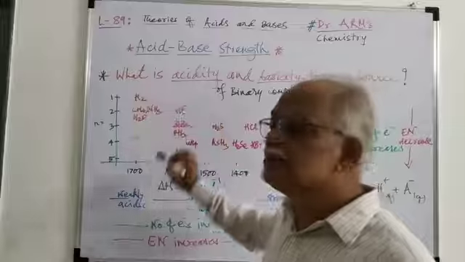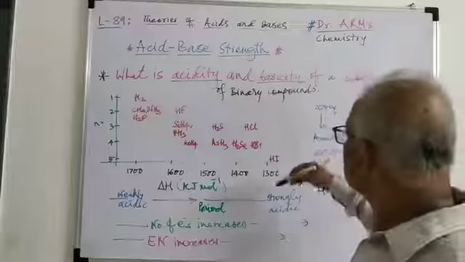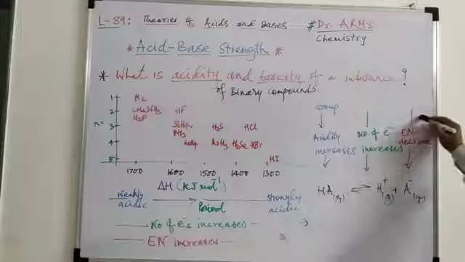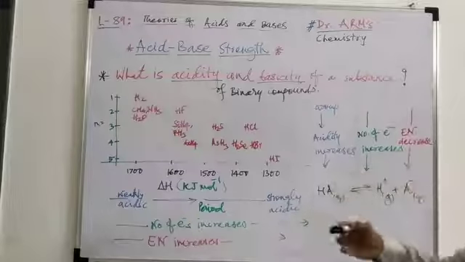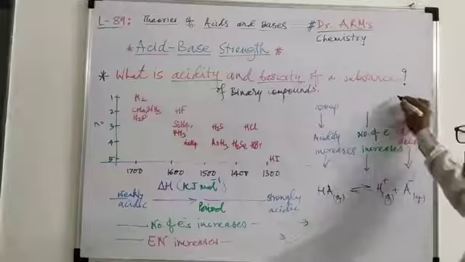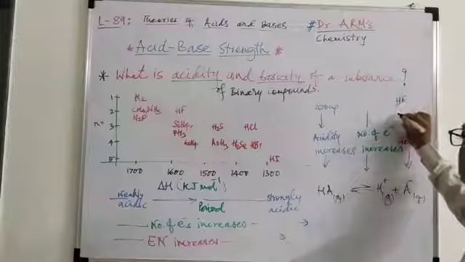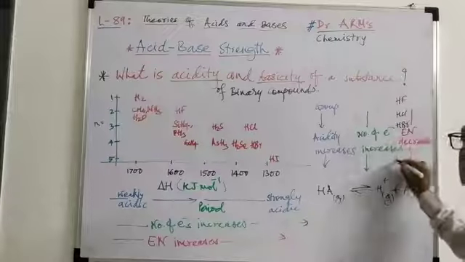Here F is more electronegative. As we move down the group, the electronegativity decreases. For example, HF, then HCl, then HBr, and then HI.